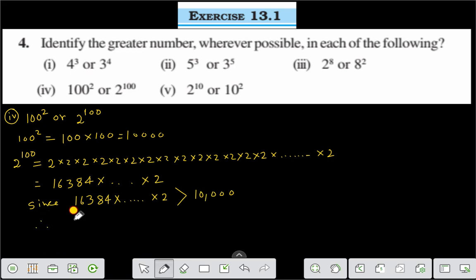Therefore we can say that 2 to the power 100 is always greater than 100 to the power 2. That means 2 to the power 100 is greater than 100 to the power 2.